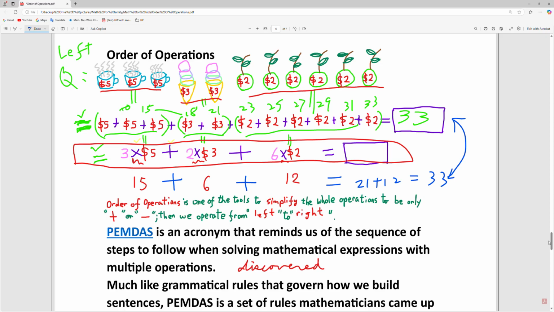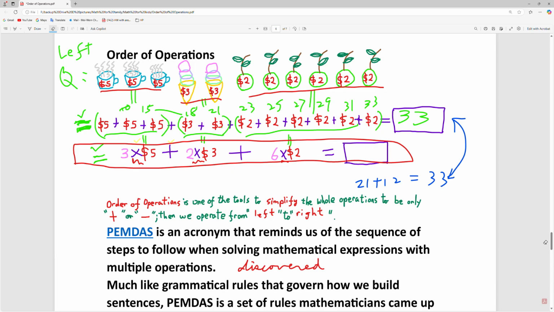Let me show you if you don't follow this rule. I say this rule is from nature, not created by mathematicians, so you are not supposed to go against it. Now, if you say, teacher, can I do it from left to right?